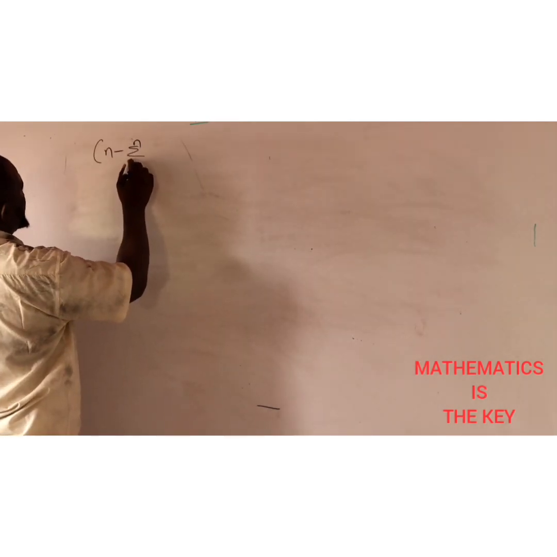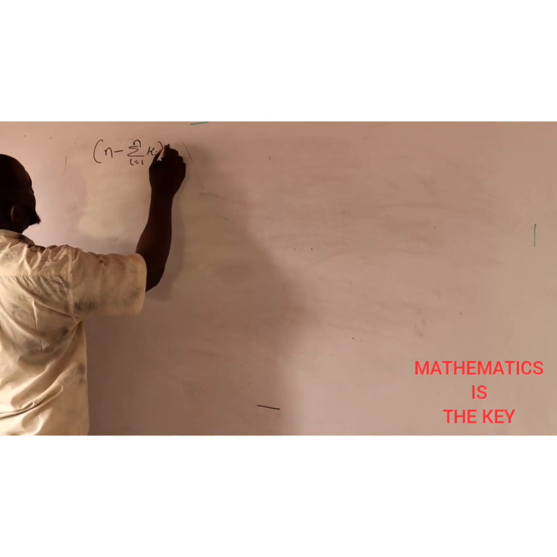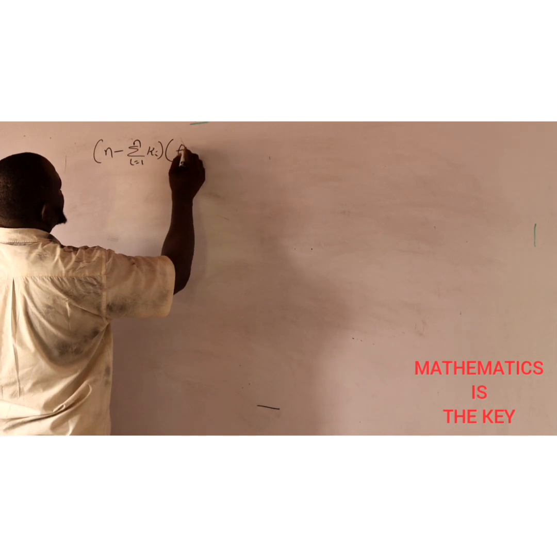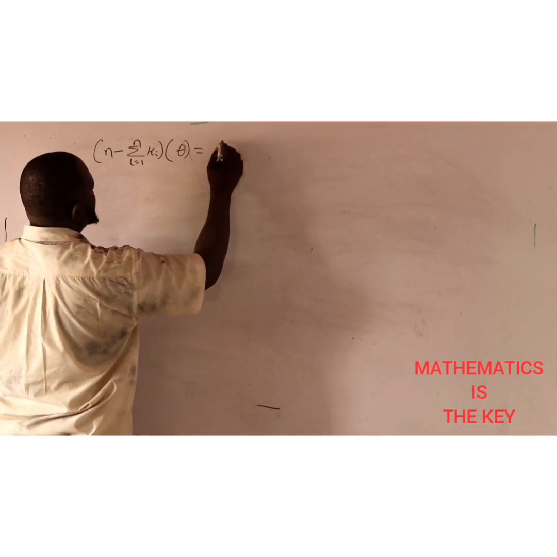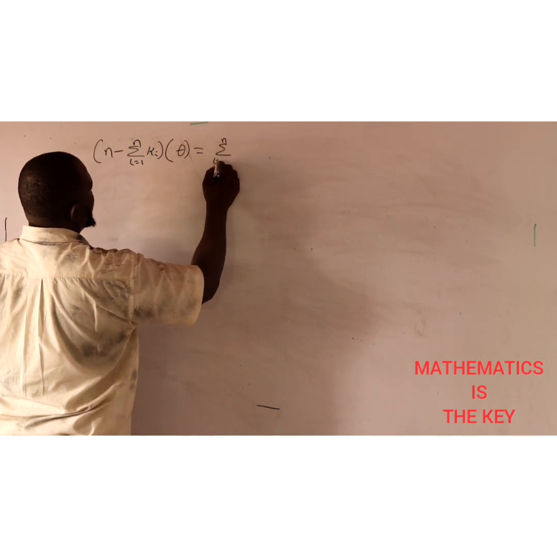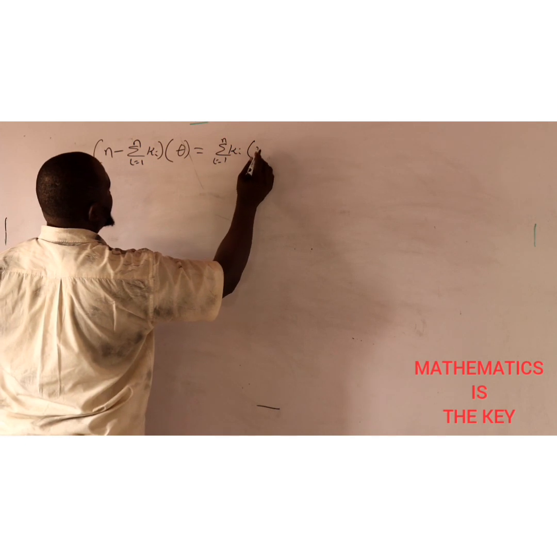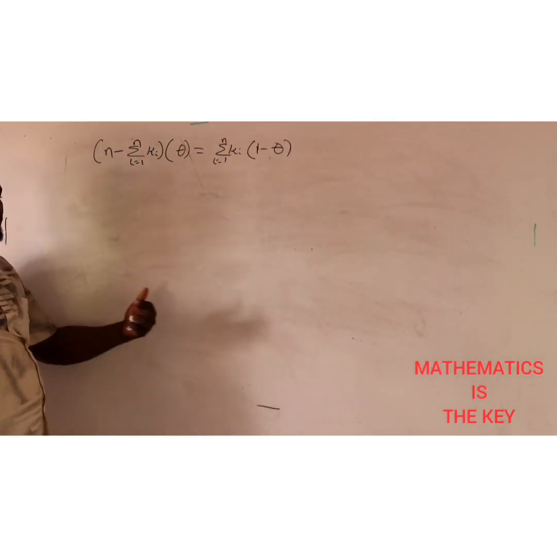Then, theta is equal to summation from i equals 1 to n of ki into bracket 1 minus theta. We have just cross multiplied.